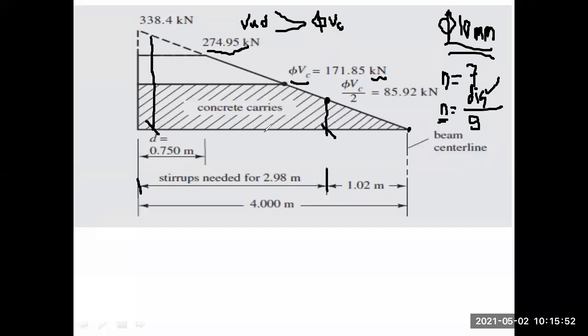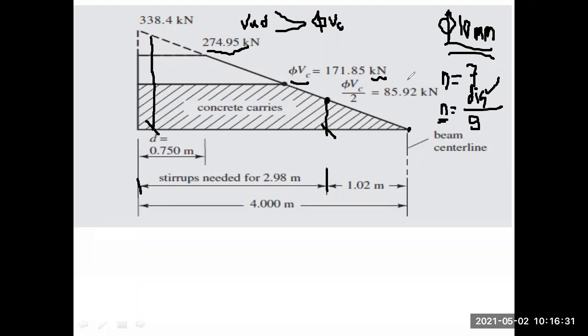So this is the zone where I need to place my stirrups. If this distance over the spacing that I have calculated gives exactly 7 or 5 or whatever, that means the last web reinforcement or shear reinforcement would be located at this location.